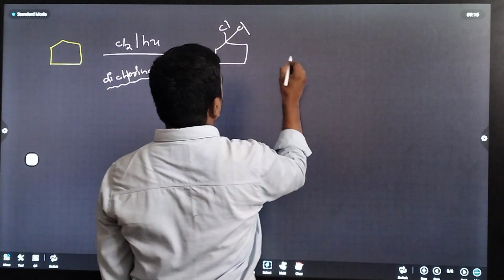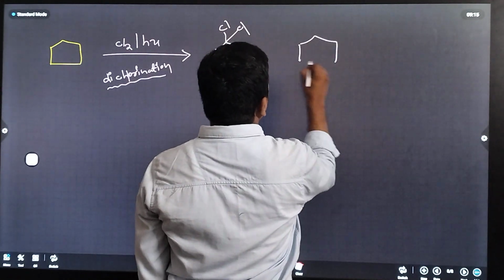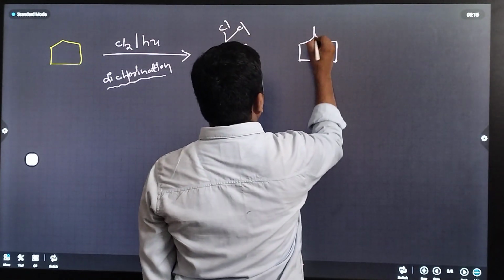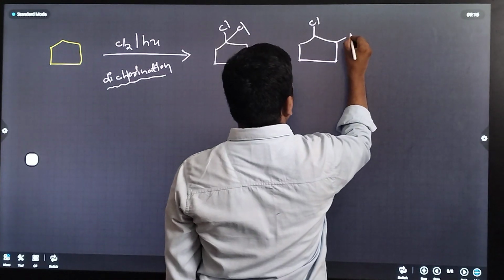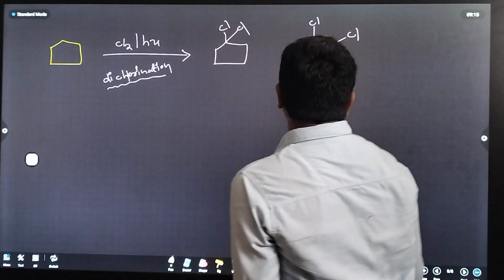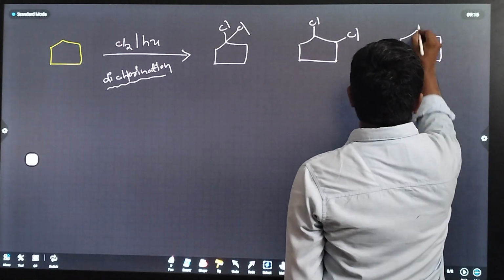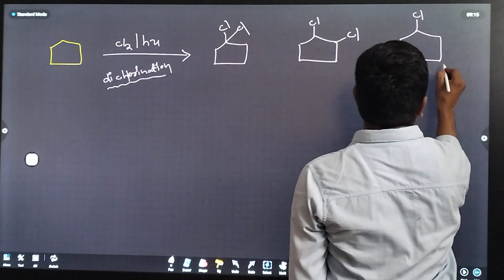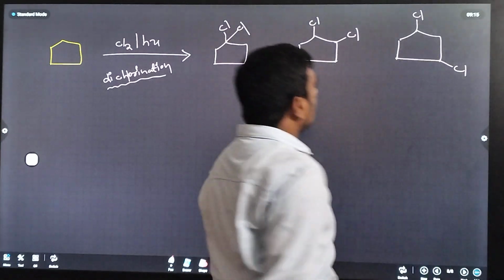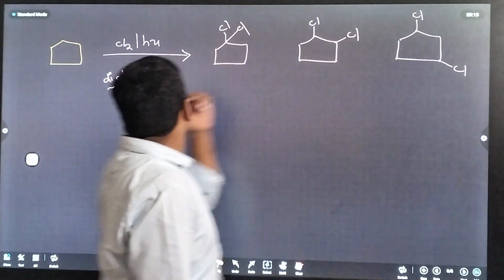Next, the second possibility, 1 and 2. Next, 1 and third position. Then 1 and 4th position, there is no 4th position.